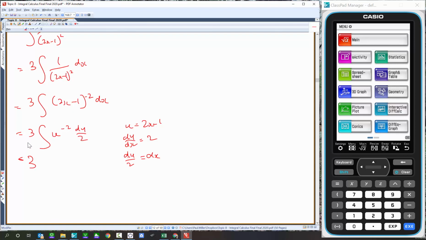So this is going to be 3 over 2, multiplied by u to the negative 1, which is (2x take 1) to the negative 1 with the u substitution, over negative 1. Now that's going to be the same as, so here we go, number of moves in this step as well. I'm going to rewrite this as negative 3 over 2 times (2x take 1) plus c for my antiderivative.